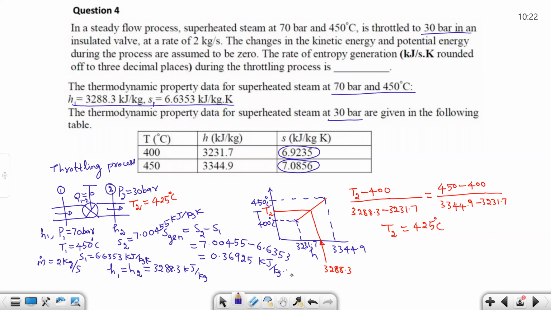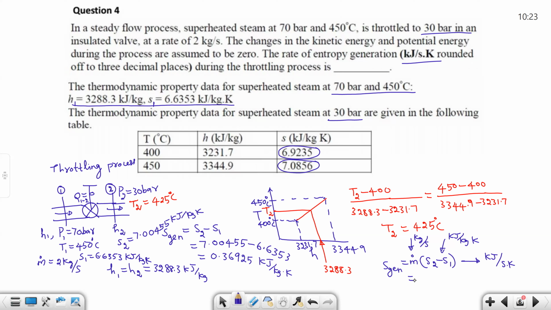So what we want is in kilojoule per second Kelvin. So you have to multiply by your mass flow rate. So entropy generation is equal to m dot times (S2 minus S1). m dot will be in kilogram per second, and S2 minus S1 will be kilojoule per kilogram Kelvin, so together you will get kilojoule per second Kelvin.